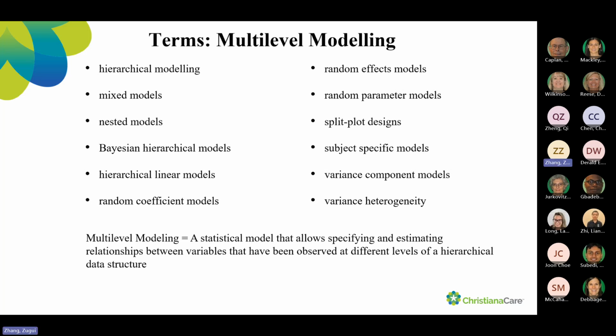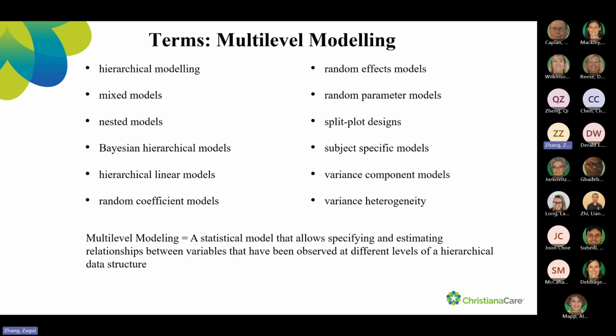In nature, multi-level modeling is a statistical approach that allows specifying and estimating relationships between variables that have been observed at a different level of a hierarchical data structure. Compared to multi-level modeling, if we do not consider the different levels, we will call it single level modeling.